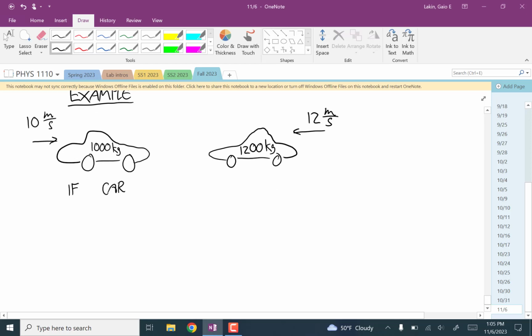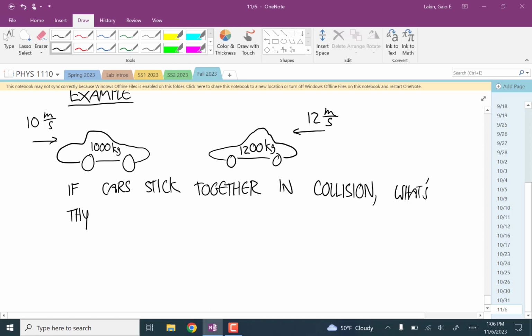If the cars stick together in the collision, what's their velocity vector after the collision?